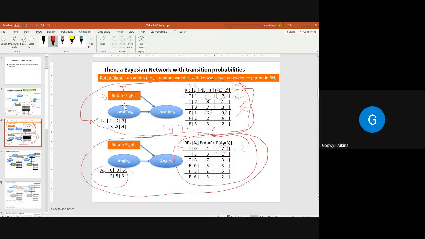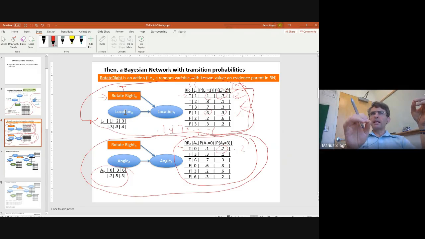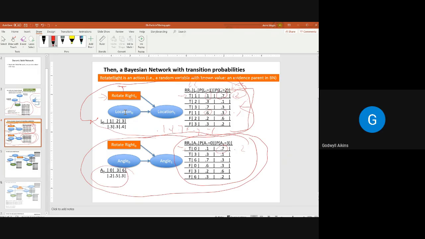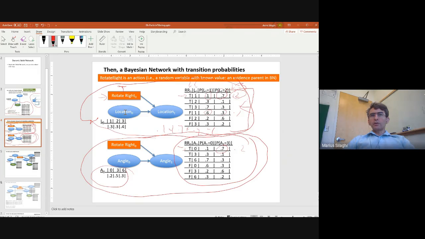When your system starts, you are placing the robot somewhere, right? You may know where the robot is, or you may not. It depends on the problem. If the robot doesn't know where it is at all, then you have a uniformly distributed probability, like 33% in one, 33% in the other, 33% in the other.